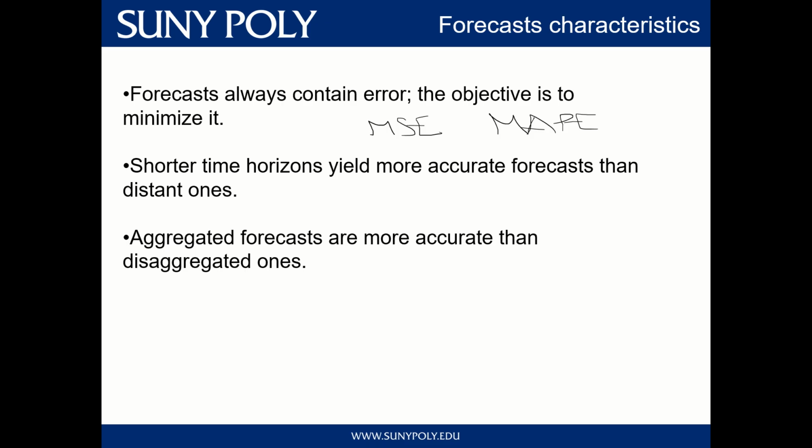The second one is that shorter time horizons yield more accurate forecasts than distant ones. Let me give you an easy example here. Imagine that I ask you, do you think it's going to rain in the next 2 hours? For you to answer that question, I'm sure that you will look through your window, or maybe you will go outside to see the sky, right? See if it looks like it's going to rain or not.